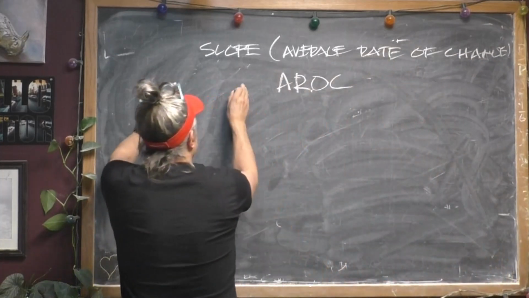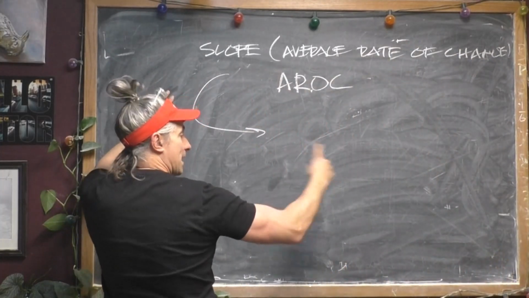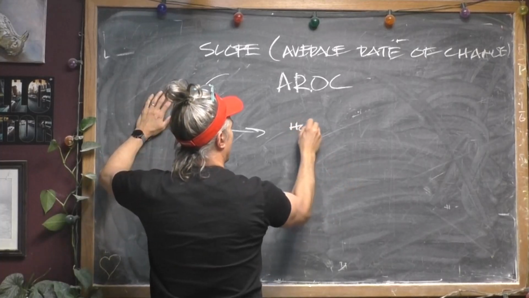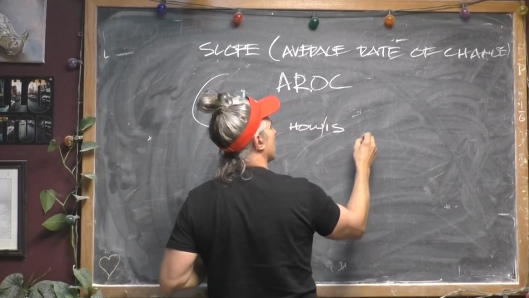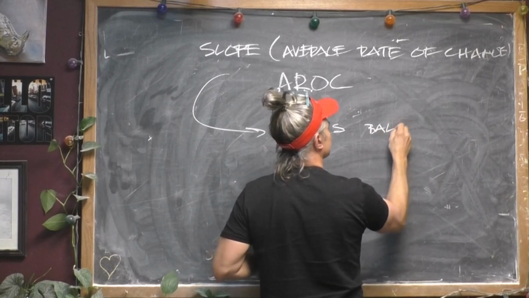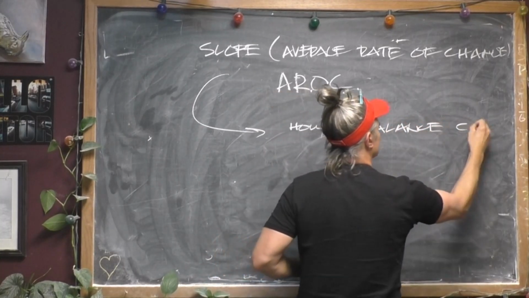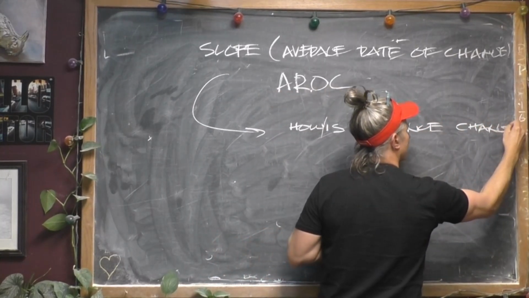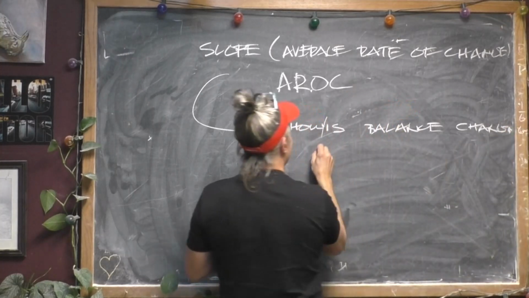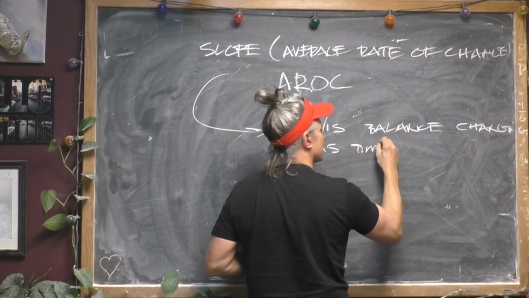So here, for this particular example, it's going to be, how is the balance changing as time changes?